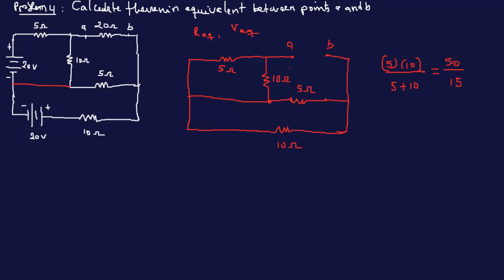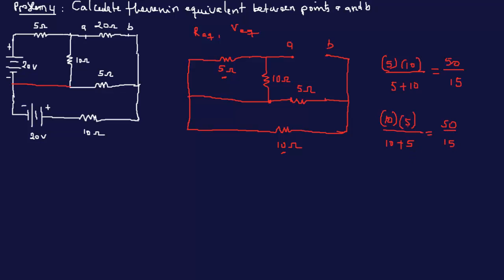This is this one right here, these two. And these two are also in parallel, so we have 10 and 5 over 10 plus 5, same thing, 50 over 15.